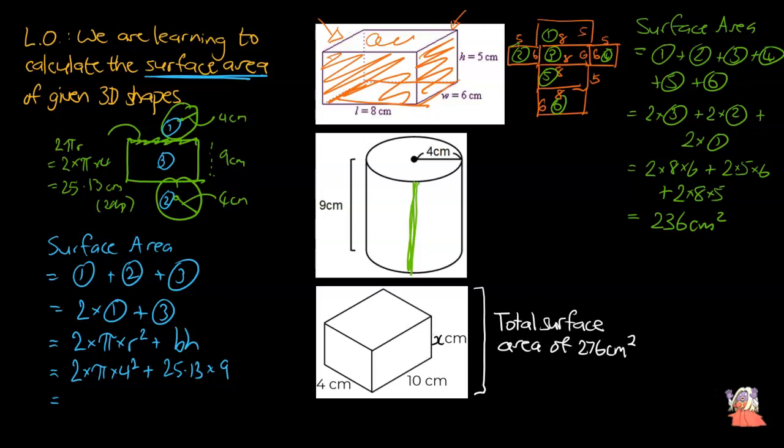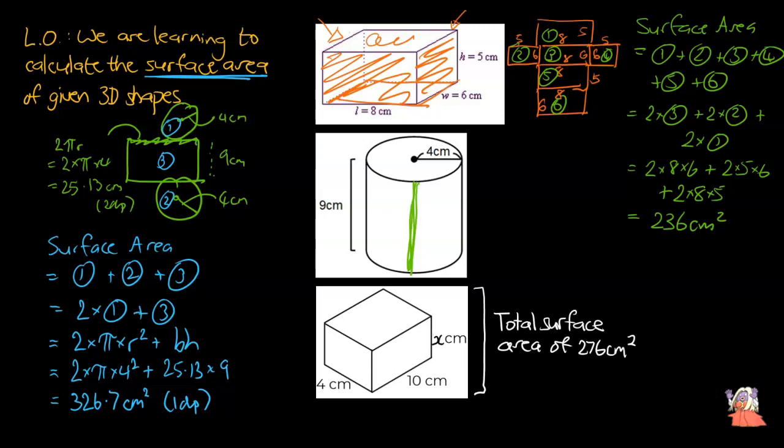So 2 times pi times 4 squared, then add 25.13 times 9, and I'm getting a total of 326.7 centimeters squared. Just noting that was impacted by rounding earlier, so that's an estimate to 1 decimal point.